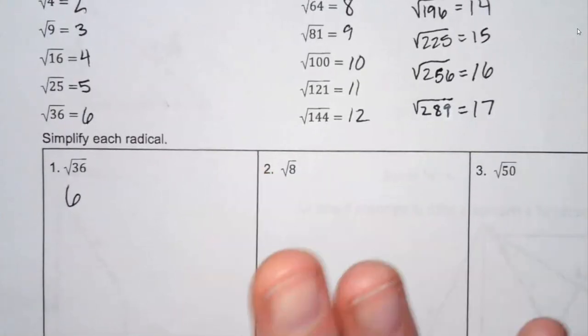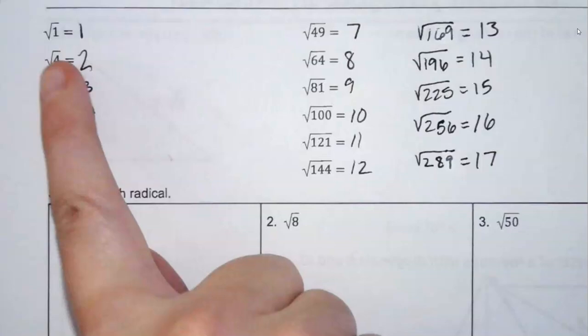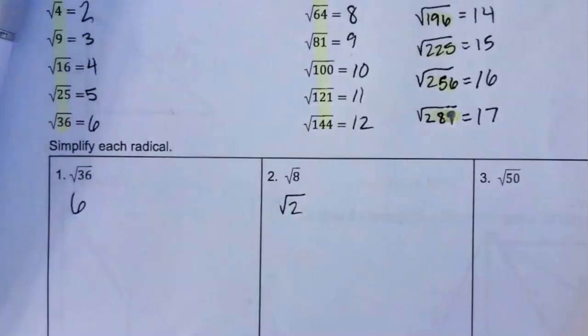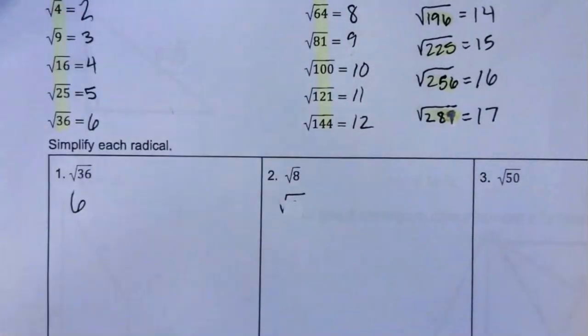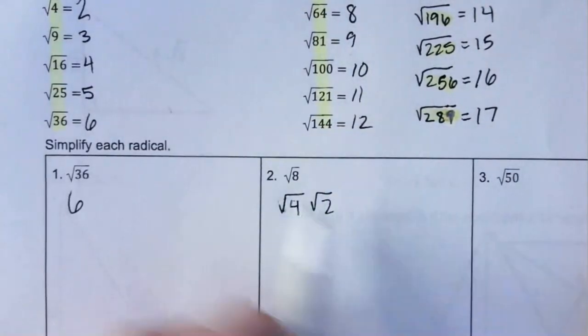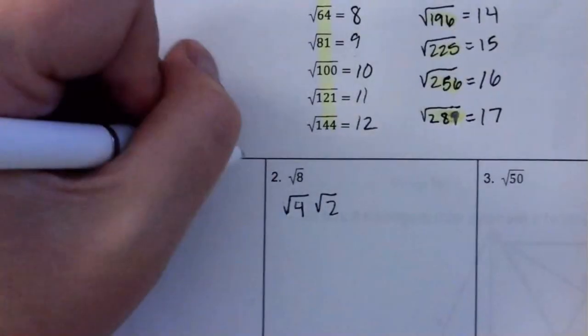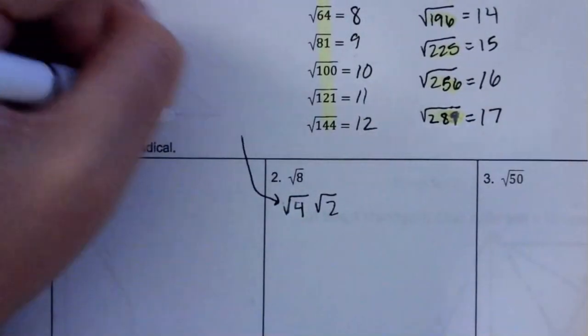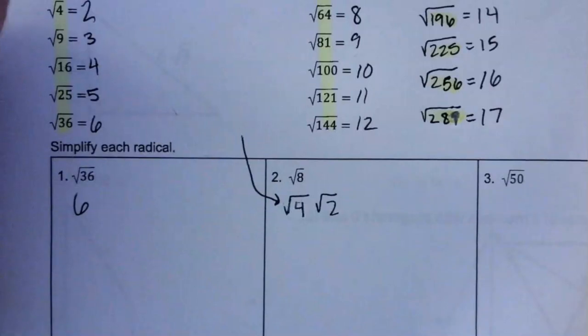So 4 goes into 8. 4 and 2 go into 8. 4 times 2 is 8. So you're splitting this perfect square.